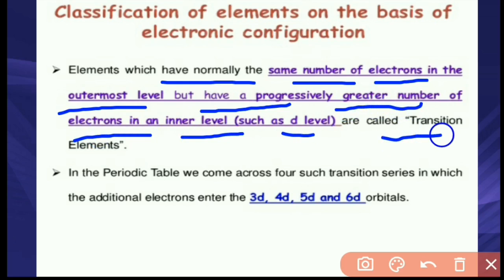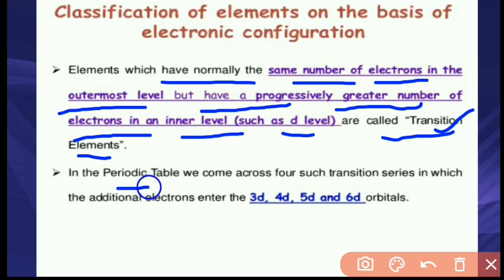These are called transition elements. Why are these elements called transition elements? Because the properties of these elements are midway between those of s block elements, which are generally all metals, and p block elements, which are generally non-metals. So that's why these elements are called transition elements.